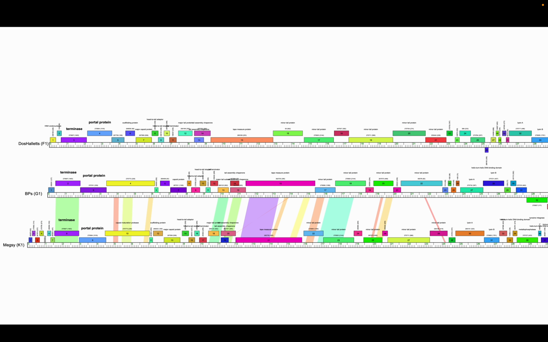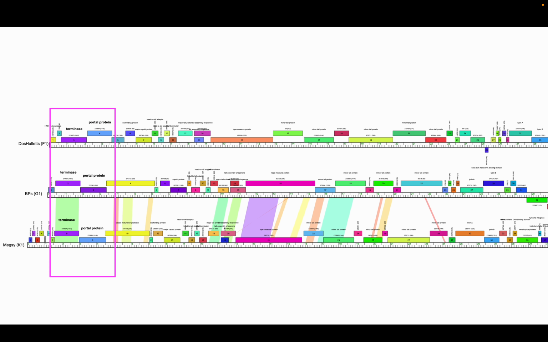Although phage genomes are highly diverse and mosaic, as these three phage genomes are, they often share similar genome organizations. Here are the left arms of genomes from clusters F, G, and K, each encoding the structural genes. They don't share very many gene families, yet certain gene functions are found in the same genome location.